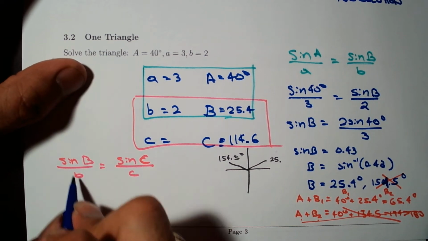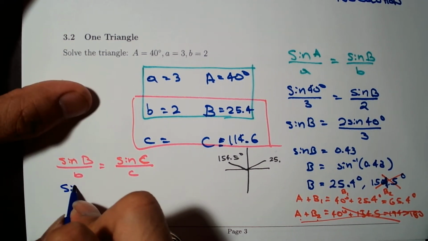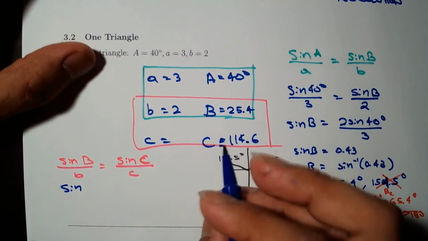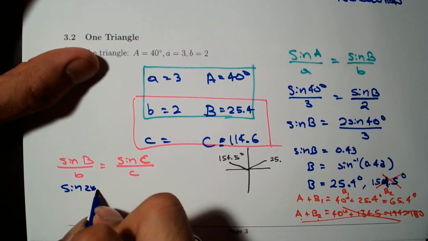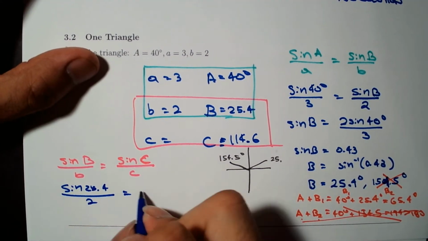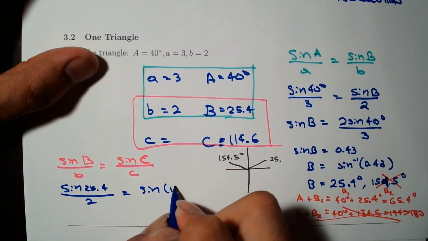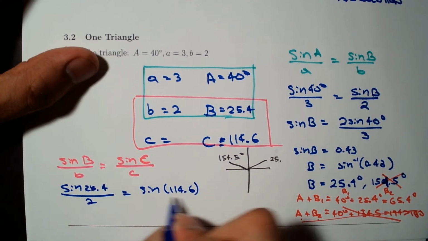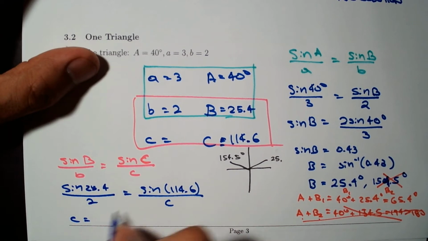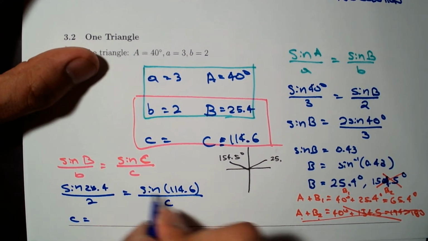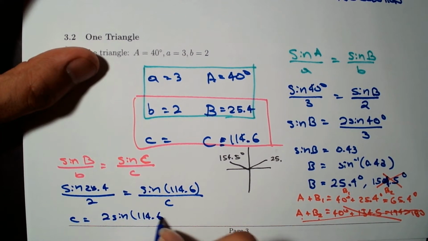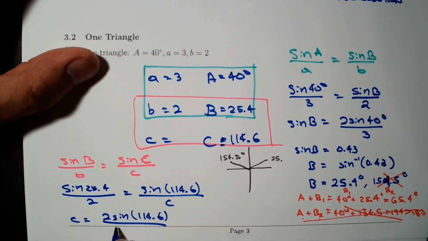So let's see, sine of B, which is 25.4 over side B, which is 2, equals sine C, which is sine 114.6 over unknown. So C equals, cross multiply, 2 times sine 114.6 over sine 25.4.